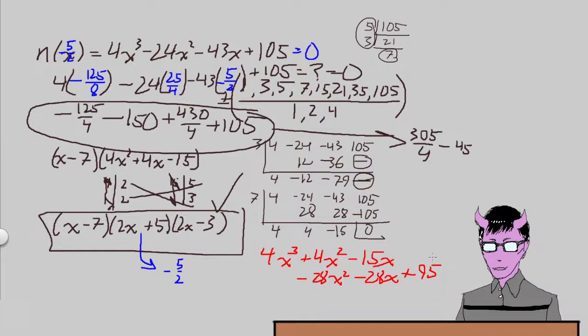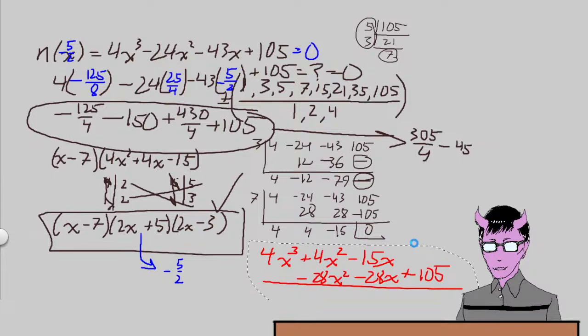No, not 95, thank goodness. 70 plus 35 is 105, okay. So the 4x cubed is consistent with this one, yes. That's a negative 24x squared, yes. This is a negative 43x, yes. 105, yes. Okay, so the fully factored form is correct.